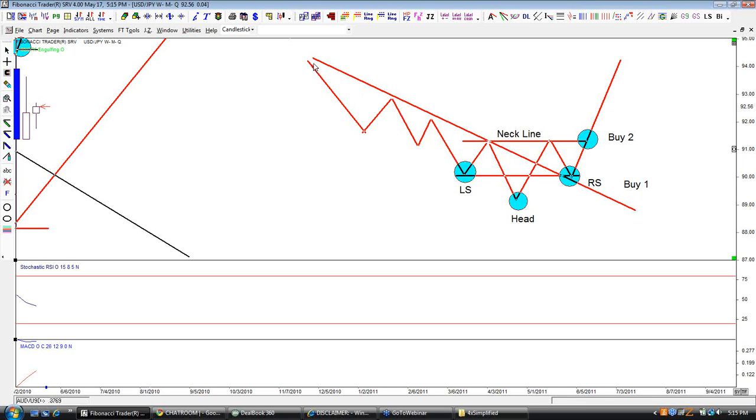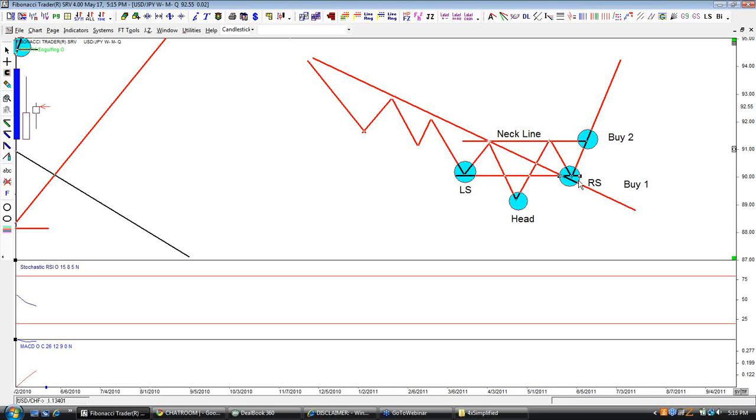So again, what we have here is a downtrend line, market making lower lows, lower highs, then price is breaking the trend line, taking the previous high, coming back to retest the left shoulder. A lot of times this retest occurs at the trend line, the backside of the trend line.